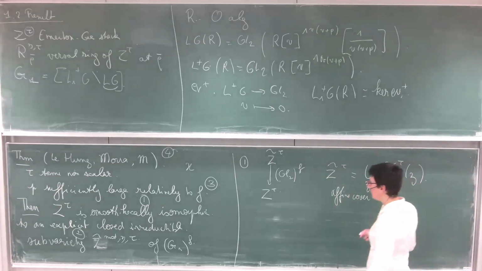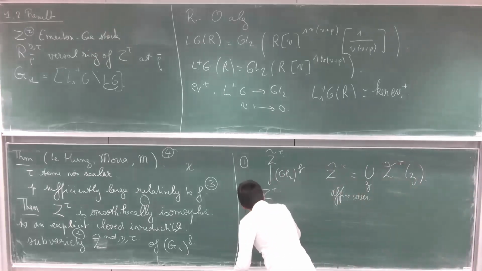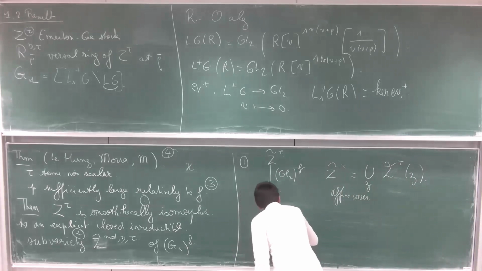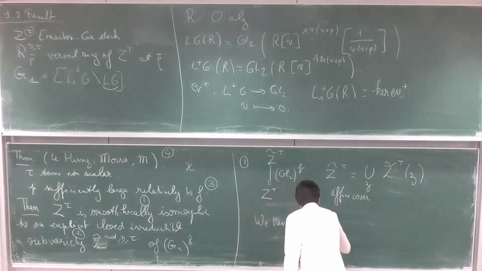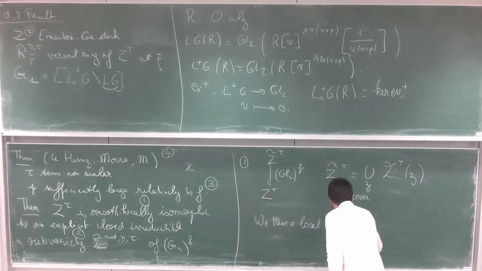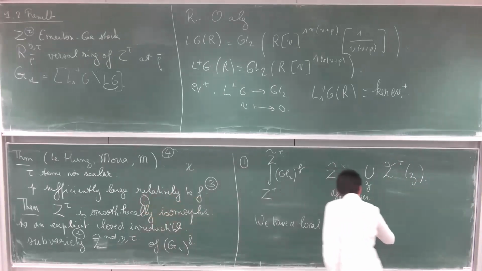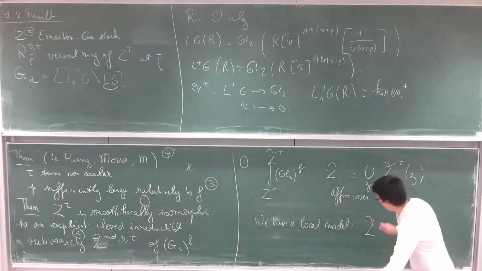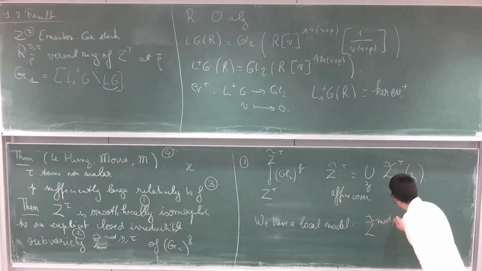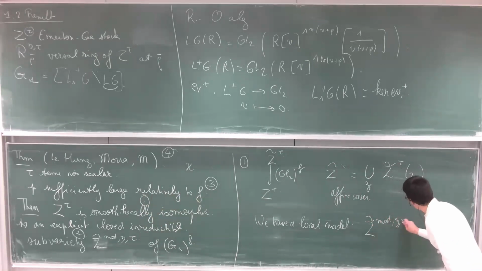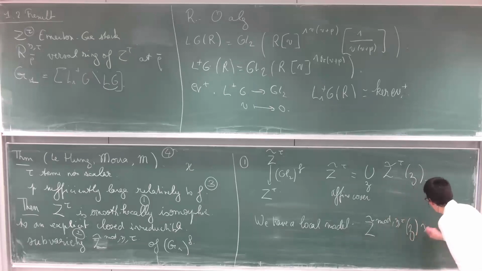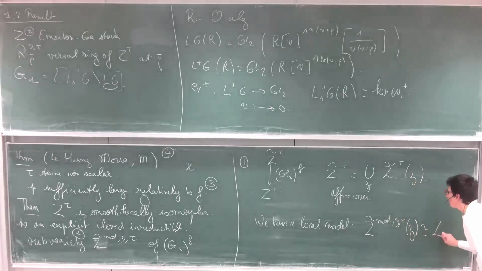But the main point is that we have a local model and we have this object that can also be cut into the same pieces, and the two are isomorphic.